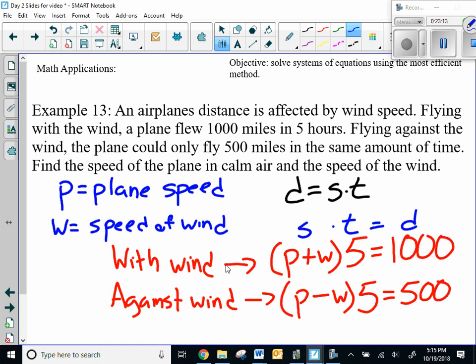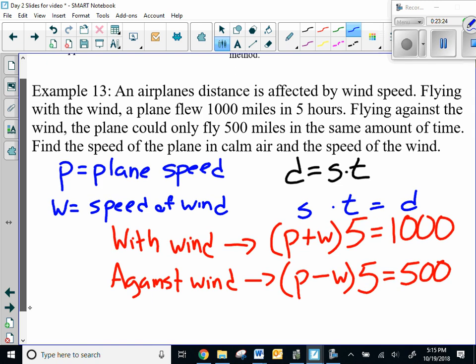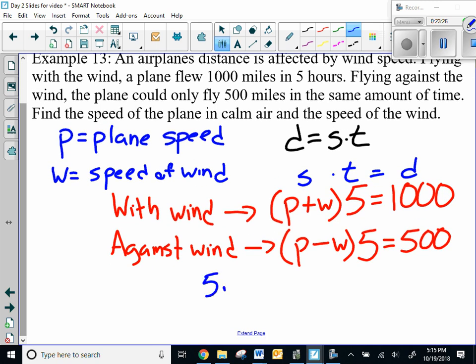Now, this isn't in standard form or slope-intercept. So first thing we're going to want to do is get both of these into standard form. If we distribute that 5 for the with the wind, we'll get 5p plus 5w equals 1,000.